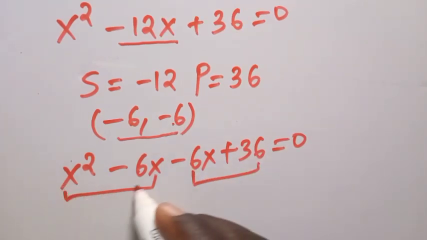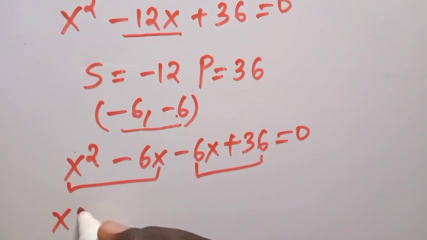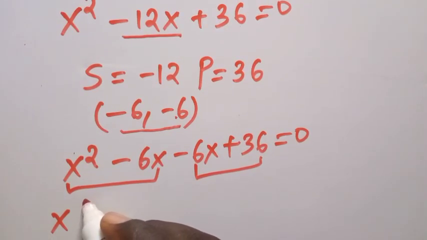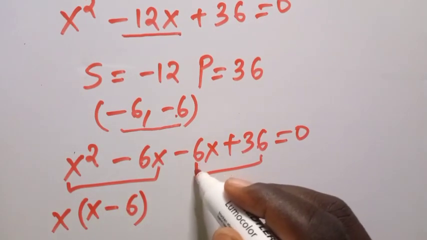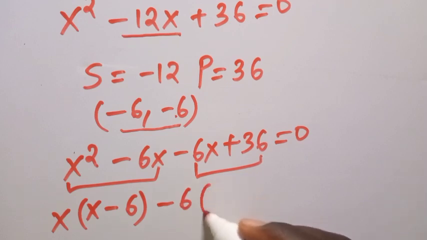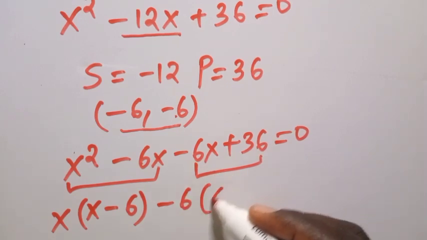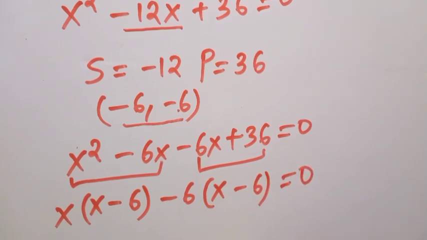Now the common term here is x. Then when I factor out x, I shall have x into (x minus 6), close the bracket. The common term here is negative 6, and when I factor it out, I shall have (x minus 6) in the bracket equals 0.